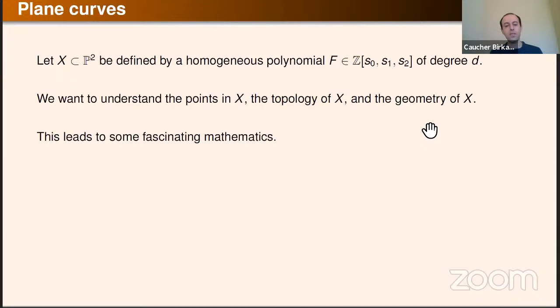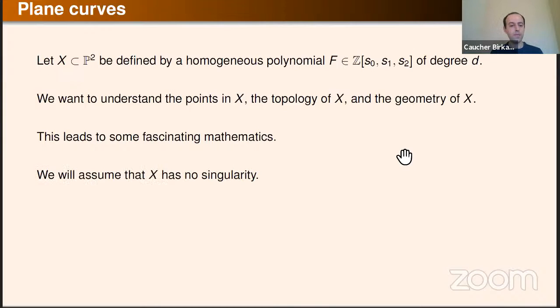And even this simplest, most elementary type of algebraic geometry actually led to some really fascinating mathematics. This story is old, not recent, but still quite interesting for people who are not professional algebraic geometers.